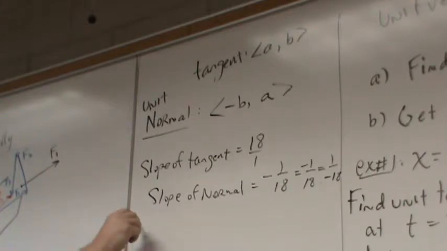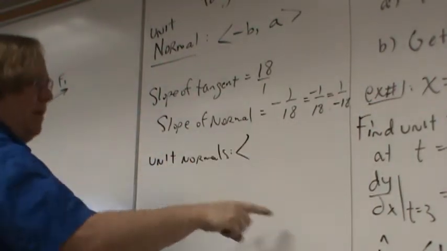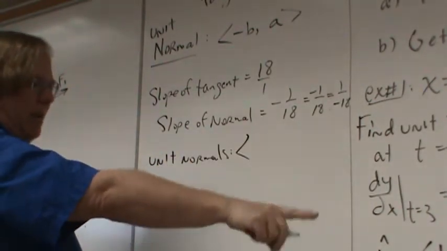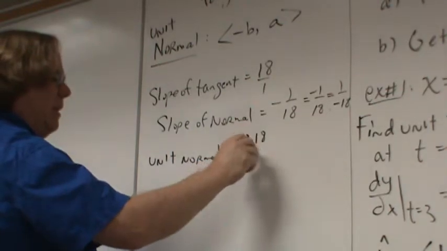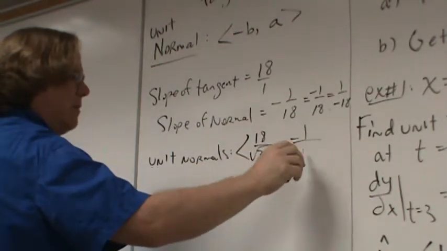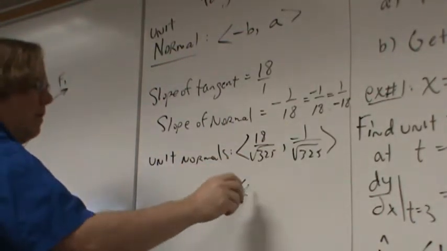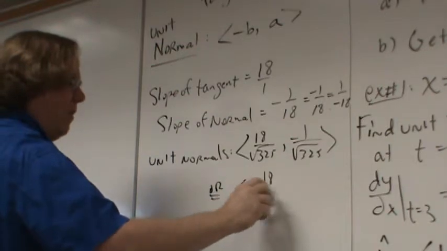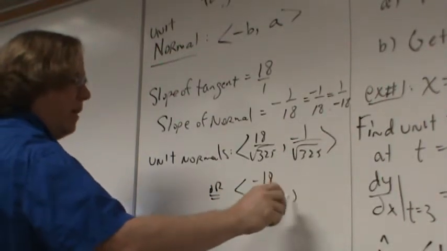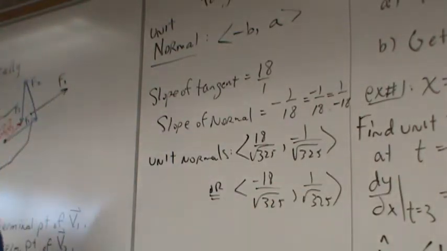So in this case, the unit normals would be either 18 over radical 325, comma negative 1 over radical 325, or negative 18 over radical 325, comma 1 over radical 325. Either of those would be correct answers.